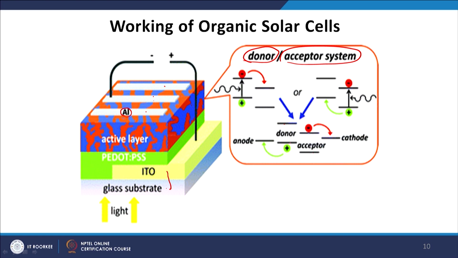When light falls on it, the light passes through here, and the electrons are excited from the ground state, or the HOMO, to the LUMO level of the donor, and those electrons then transfer to the acceptor. From there they go to the cathode. What is left at the donor is the hole, and it goes to the anode. Using the outside circuit, the hole comes from the anode to the load, and the electron which comes to the cathode also goes through the outer circuit, and you get a current in the output.